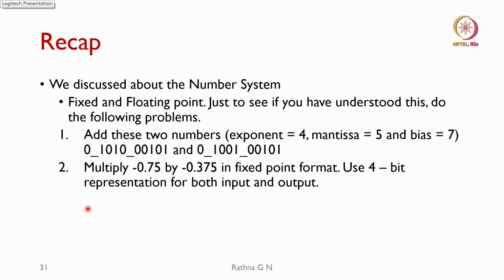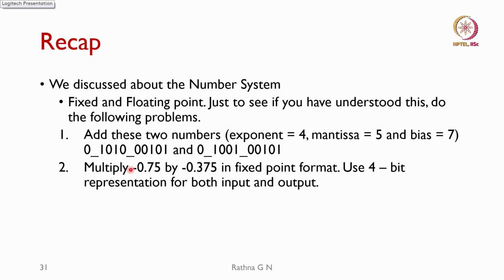The second assignment I have given is minus 0.75 by minus 0.375. We did the simple positive number multiplication. Now it is going to be a trick to multiply 2 negative numbers. I know the result is going to be positive.